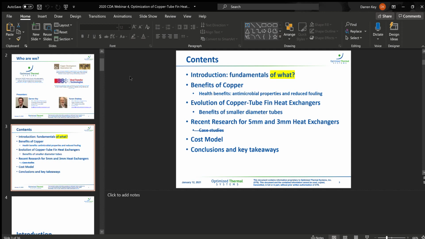And then we'll get into the meat of it, where we'll take a look at the recent research for 5mm and 3mm heat exchangers and some of the case studies, some success stories that we've had there. And I'll hand it over to Yoram for the cost model and then conclusions and takeaways.